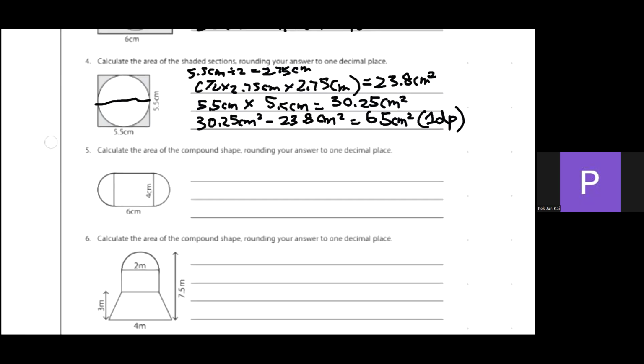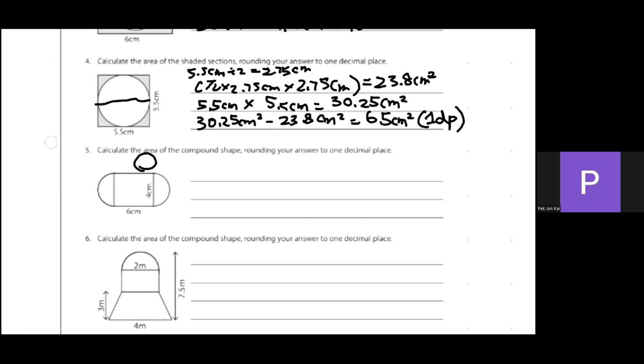Next, we need to calculate the area of this compound shape. Firstly, we have two semicircles in this compound shape, which means we have one full circle. So we calculate the area of this full circle. 4 cm is the diameter of this circle, so we need to divide it by 2 first.